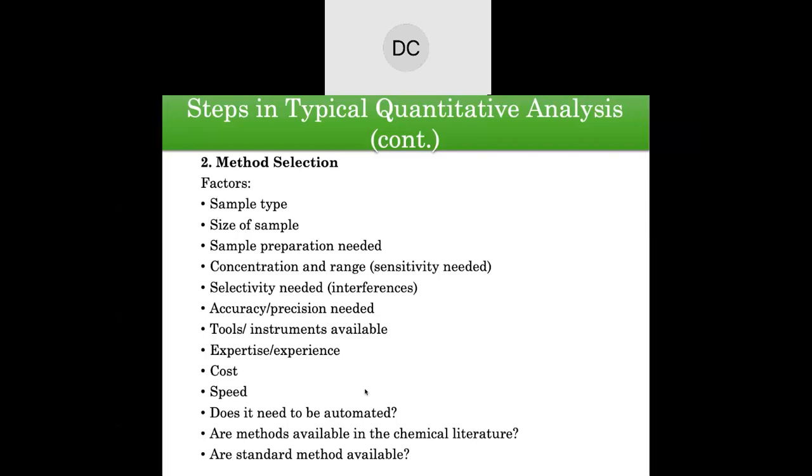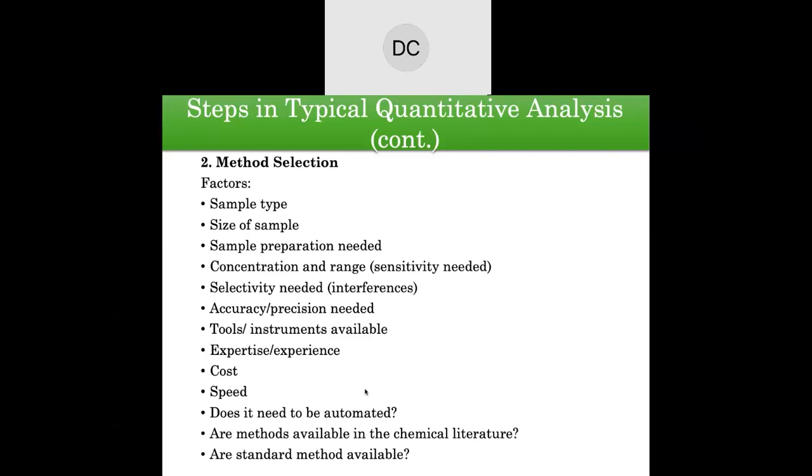And also the selectivity needed. Kadang-kadang for an instrument, dia terganggu dengan benda-benda interference. Interference ni sangat macam banyak. For example, you have the soil sample tadi kan. Boleh jadi dalam soil sample tu kita sebenarnya nak detect maybe the concentration of chromium. Contohlah ada leaking of chromium dekat sama mana kan, dia punya mining site lah.